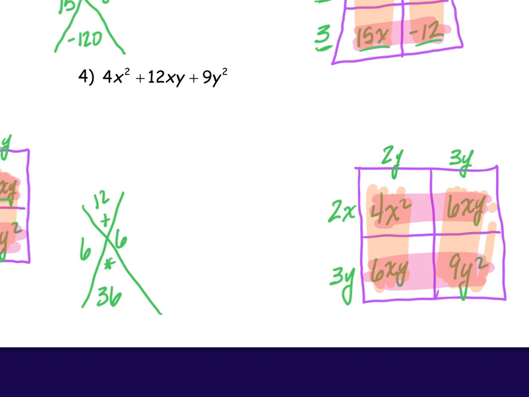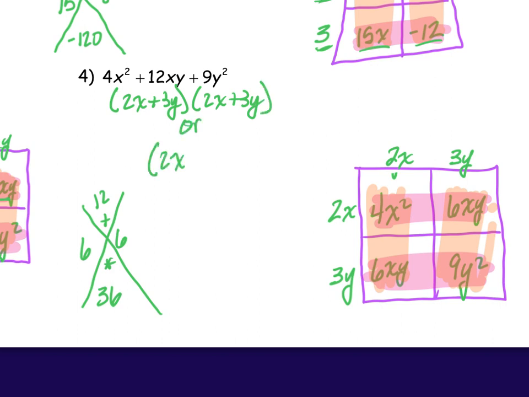Oh, did I really write 3y and say 2x? I did. 2x and 3y. So I've got 2x plus 3y times 2x plus 3y. Or I could write it as 2x plus 3y squared. Don't care, and it doesn't matter, and your homework in Canvas doesn't matter which way you write it either. Either way would be correct.